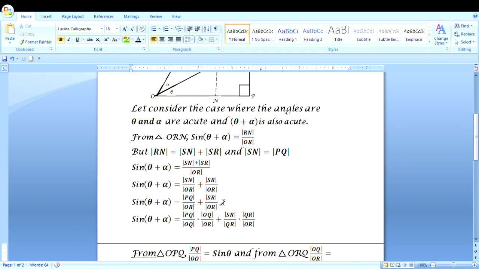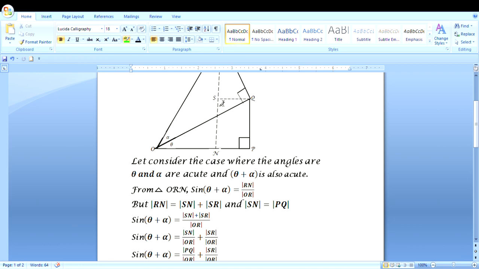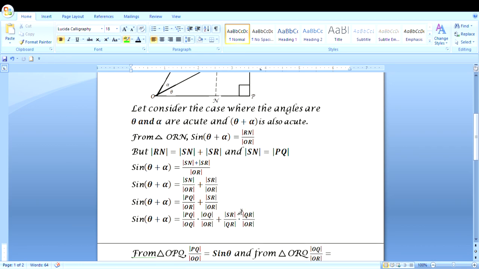Now we need to establish some fact here that this expression PQ over OR can also be written as PQ over OQ times OQ over OR. Similarly, SR over OR can also be written as SR over QR times QR over OR. Here, these are the facts that are all generated from within these diagrams. Okay, we shall be explaining them bit by bit.